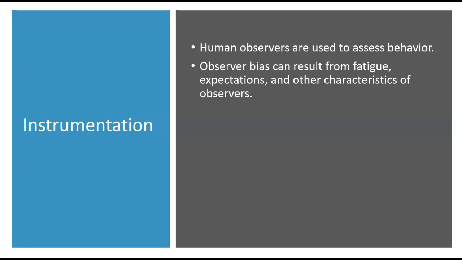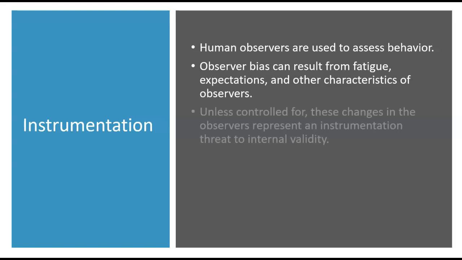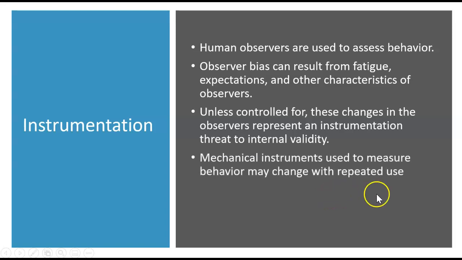A human observer, therefore, is a kind of quote-unquote instrument. As humans, though, we are prone to bias, we get tired, we have expectations, we have our own unique characteristics. All of that can represent an instrumentation effect. If we don't control for these problems, like observer bias, that's an instrumentation threat to internal validity.